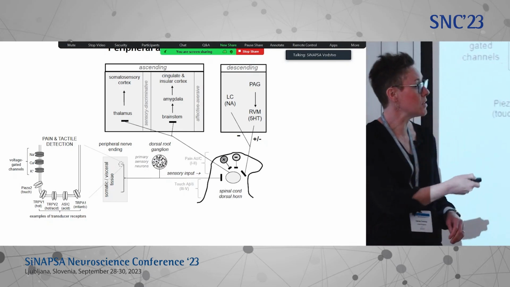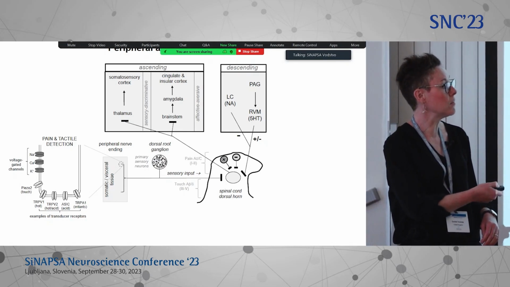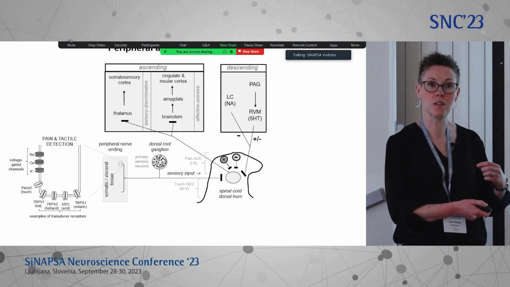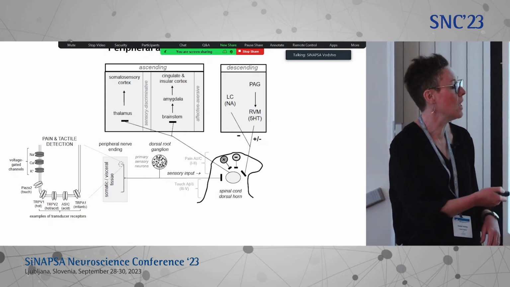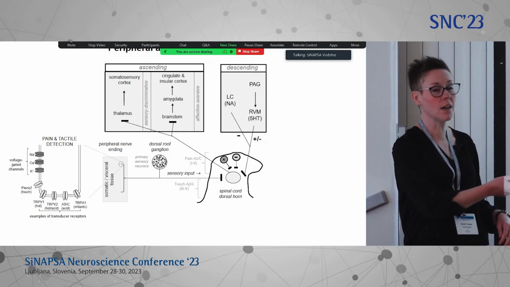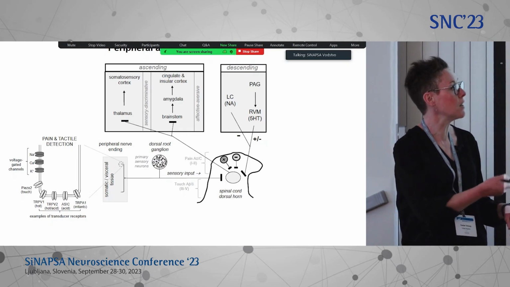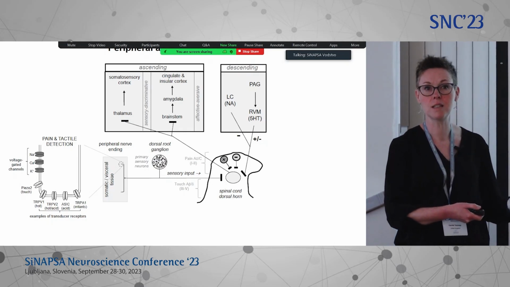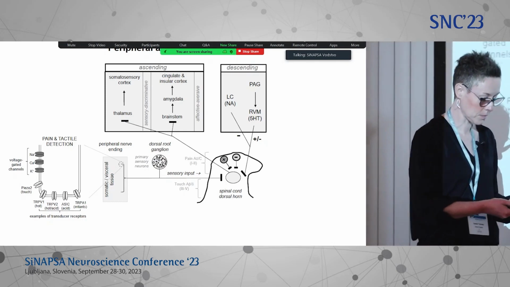So in the spinal cord, both pain and tactile information undergoes processing by local excitatory and inhibitory controls, and there's also important descending control from the brain.